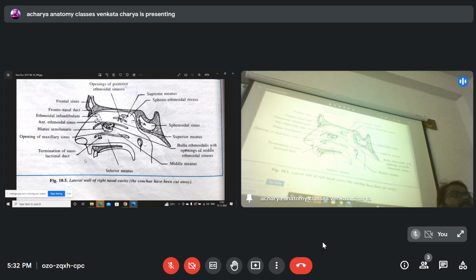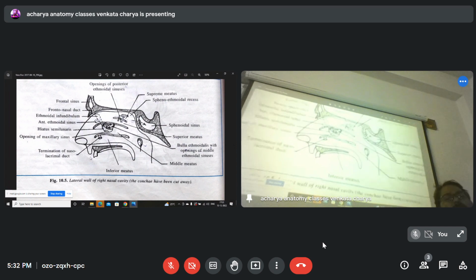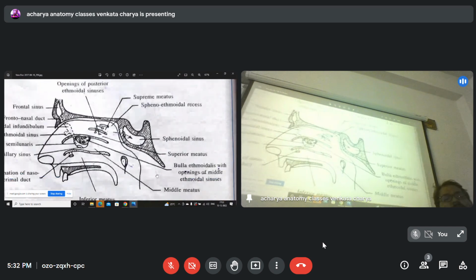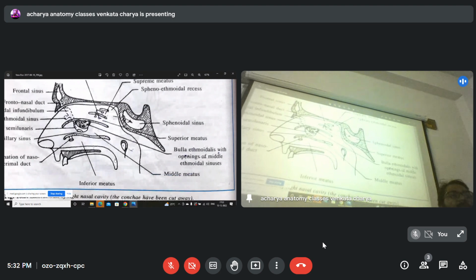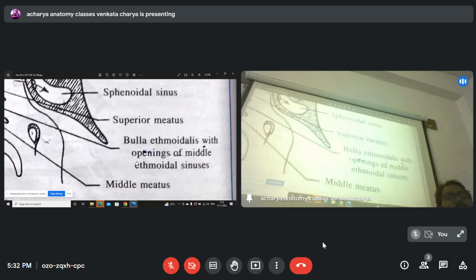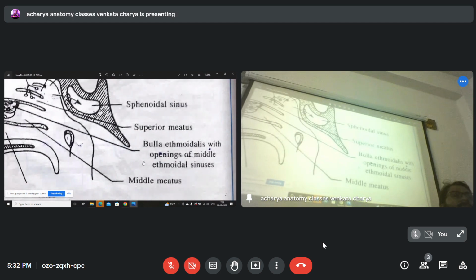Next, in the middle meatus there is a presence of an elevated structure called bulla ethmoidalis.